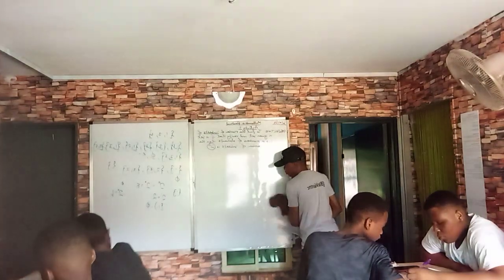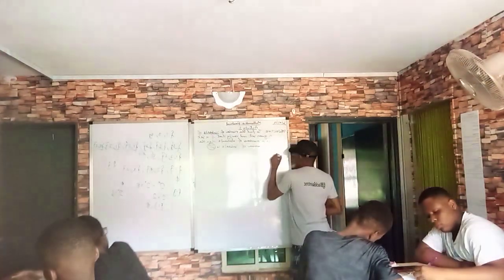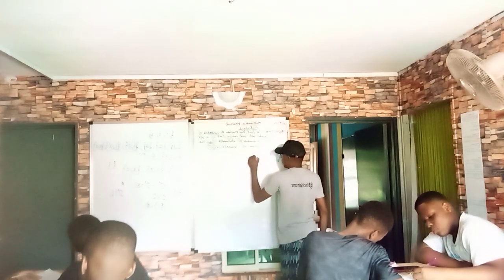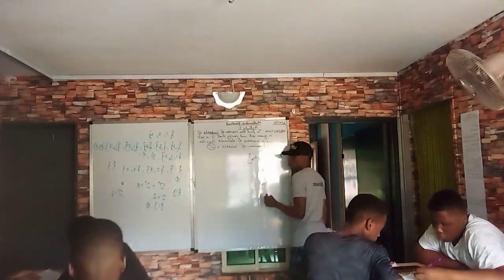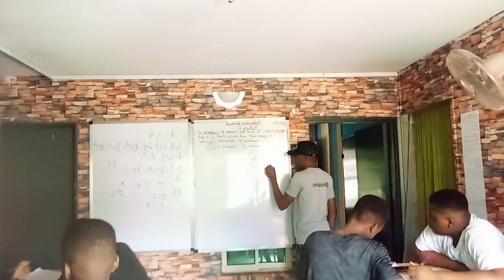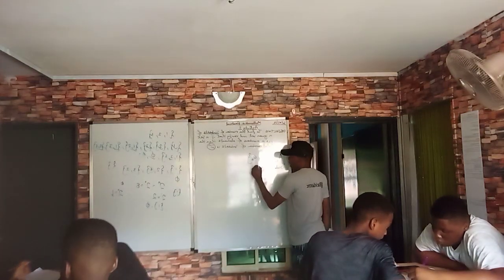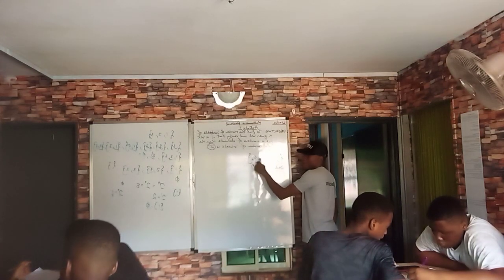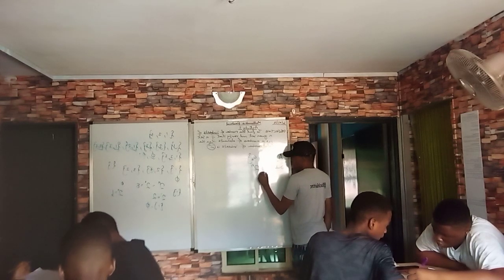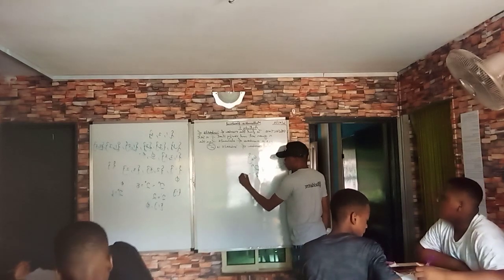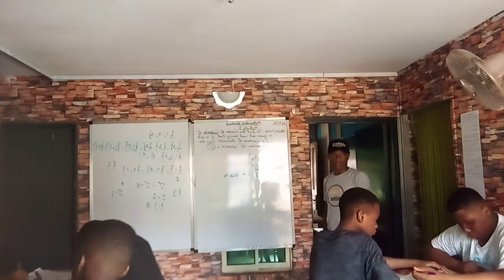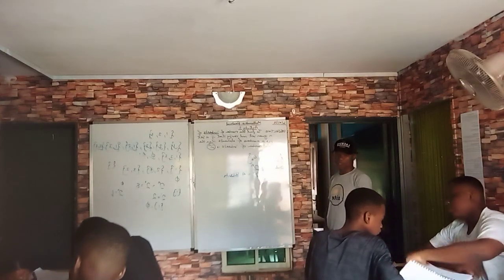So that means A2 has A1 and A2. Are we together? But in writing their subsets, remember we said 2 raised to the power n. What is my n now? The number of elements is 2. So 2 raised to the power 2 gives me 4 subsets. Are we together? Okay, so let's write out the 4 subsets.